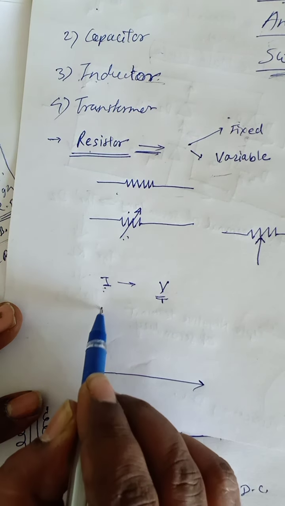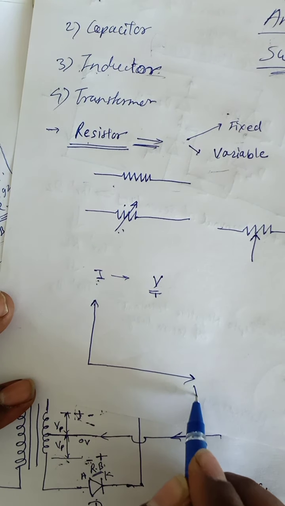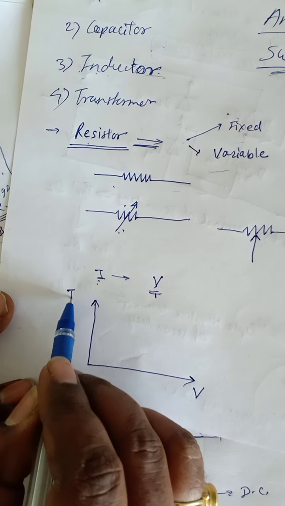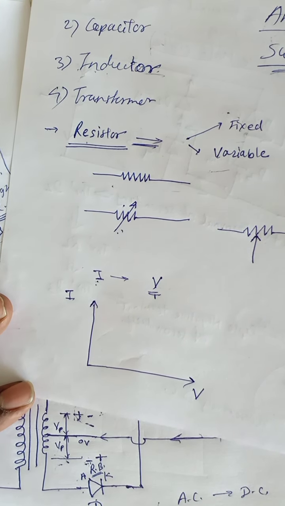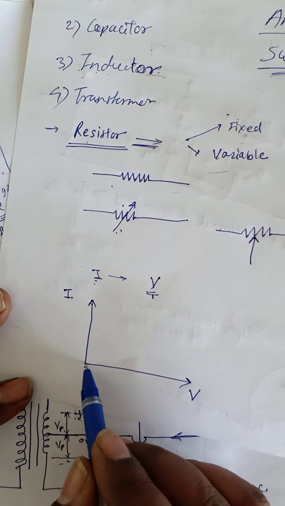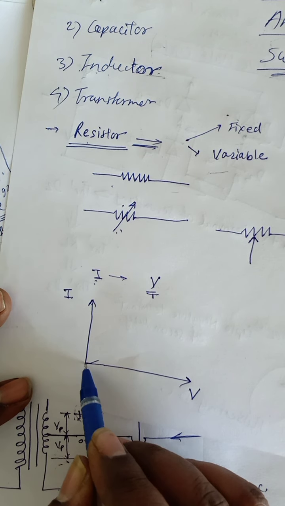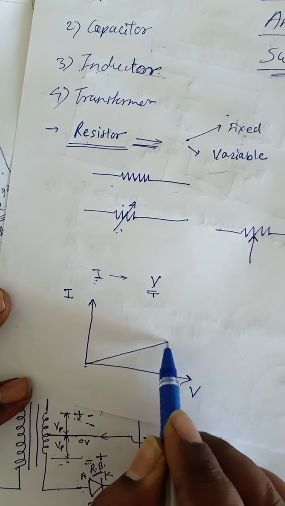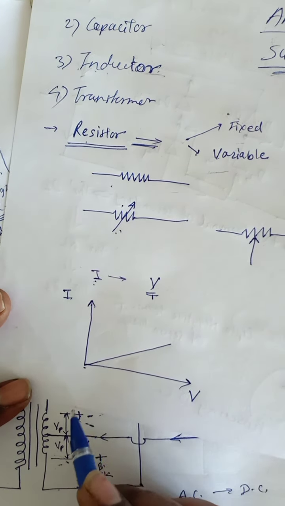Okay, so this is the graph. If we apply voltage and measure current through the resistor, and if you vary the voltage, then you will find that there is a linear increase in the current also. As we increase the voltage, current increases.